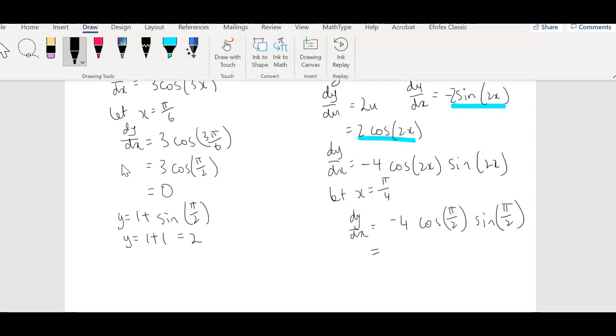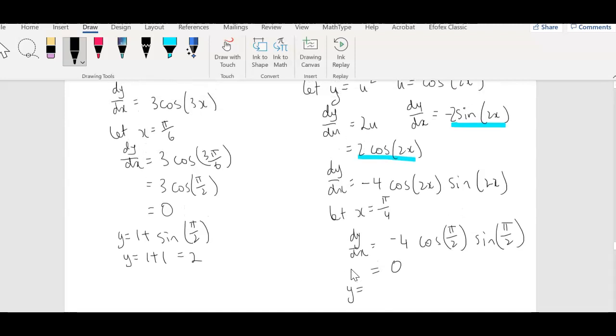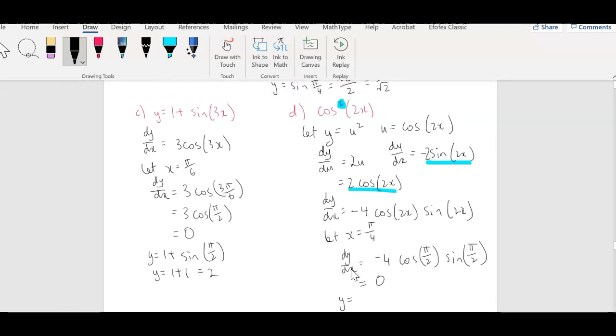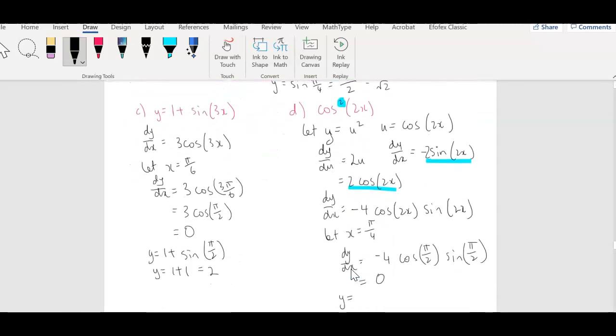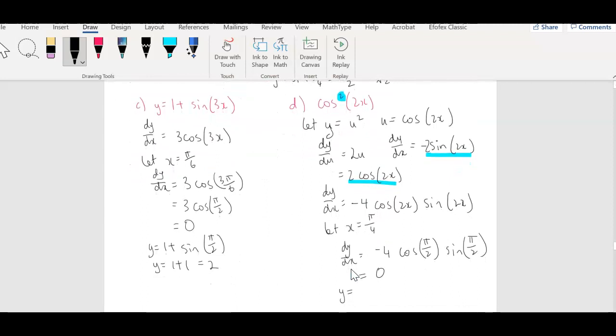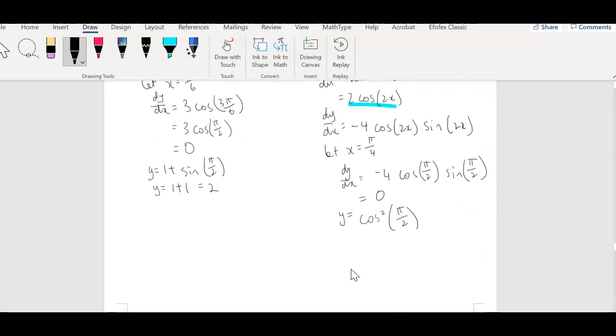And because cos pi on 2 is 0, we're going to just end up with 0. All right, and then getting the y coordinate, so substitute in pi on 4 into y. So we've got cos squared. Now we're going to have pi on 2. So we know that cos pi on 2 is 0, so we're going to have 0 again.